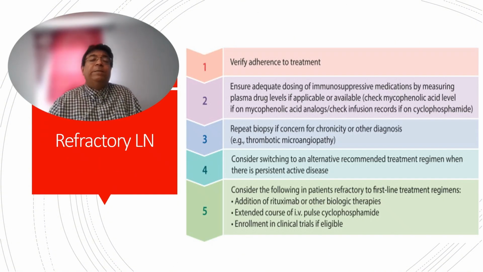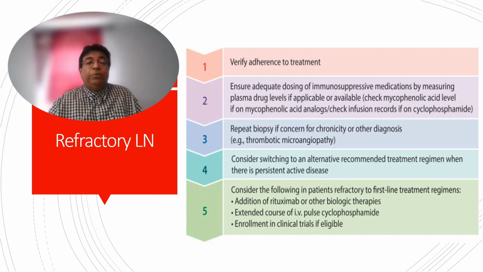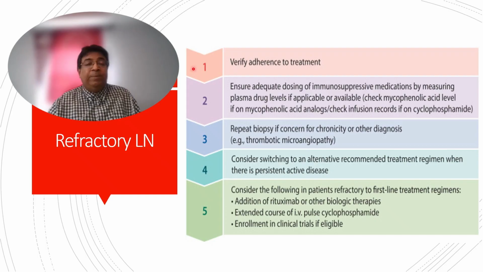If lupus nephritis is refractory, then what do you do? First thing to do always is verify adherence to treatment. Are they actually taking their immunosuppressive medications? And frequently, patients do not take their immunosuppressive medications.